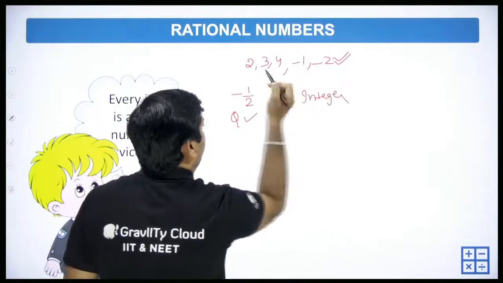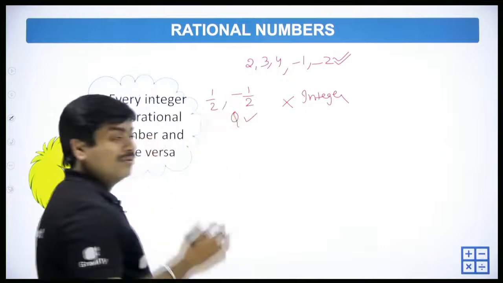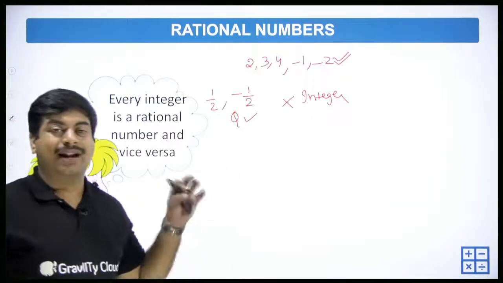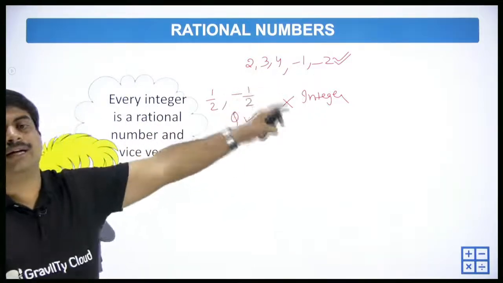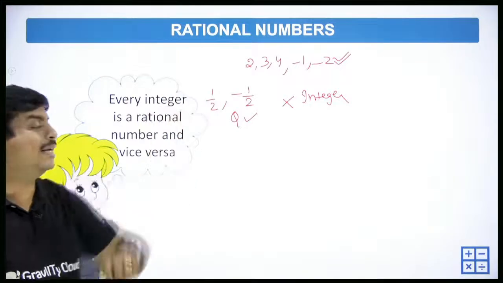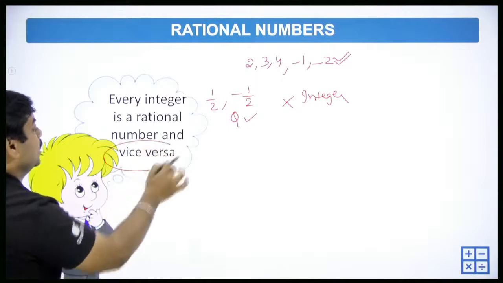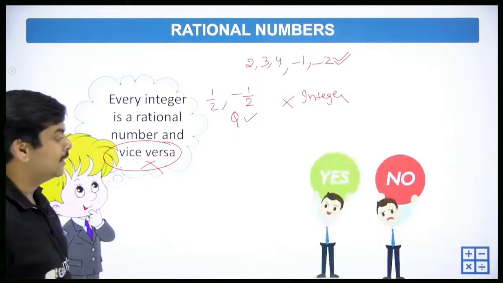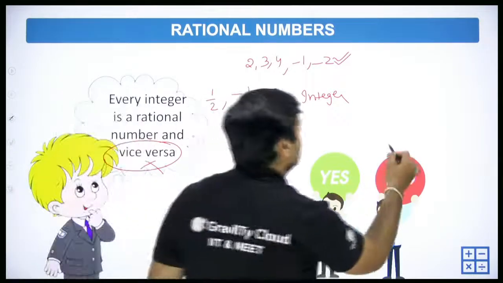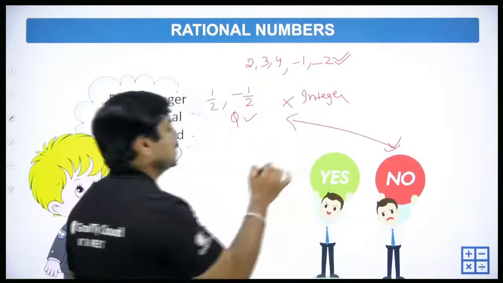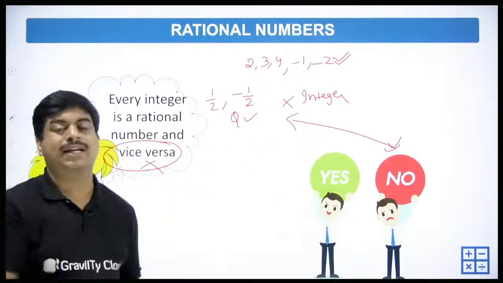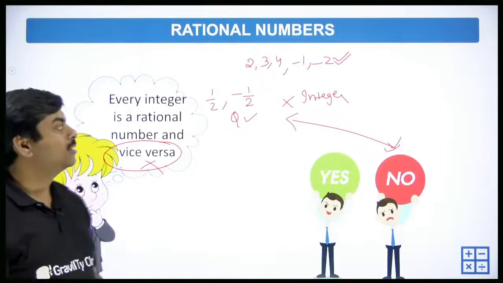Not only negative, even the positive 1 by 2, all the fractions are rational numbers, but they will not come under integers. So every integer is a rational number, and the vice versa is not correct. You can see examples which violate the given conditions, right?